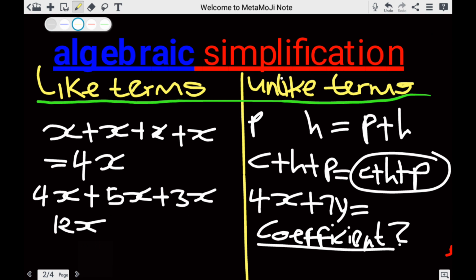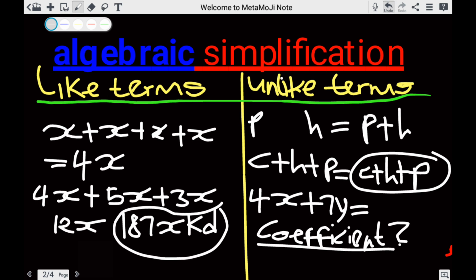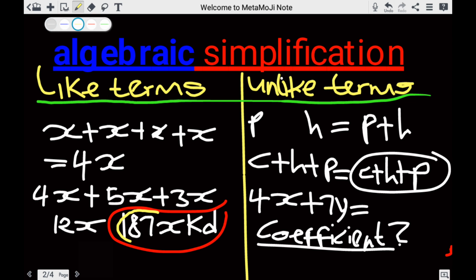So what is the coefficient of, let's say, 187skd? What is the coefficient here? What number is multiplied to skd? So the coefficient here is 187.